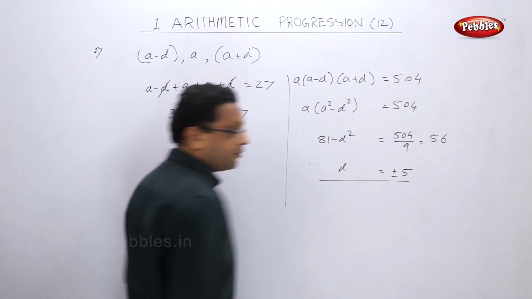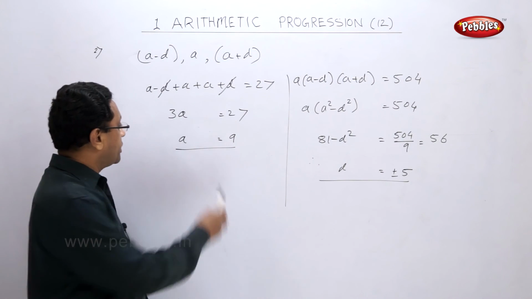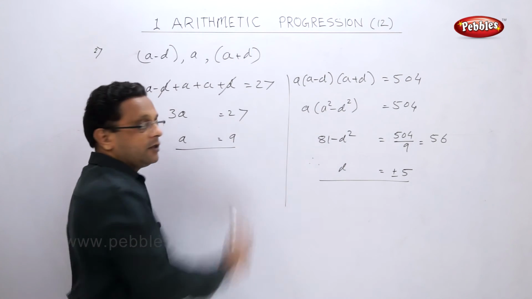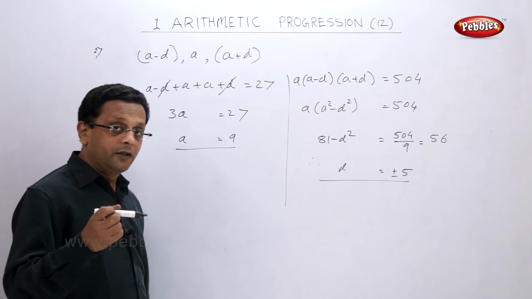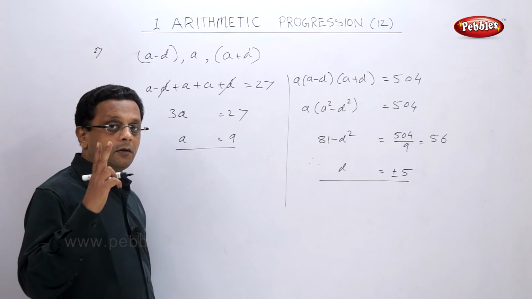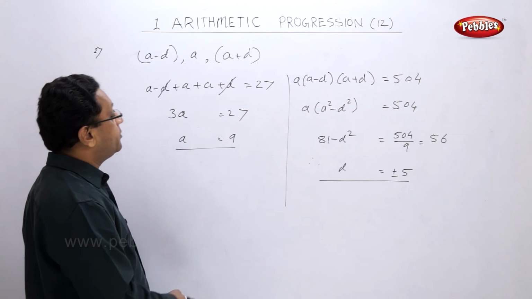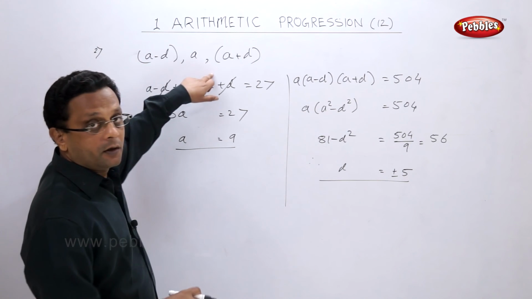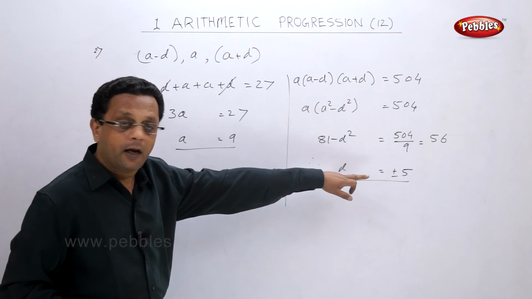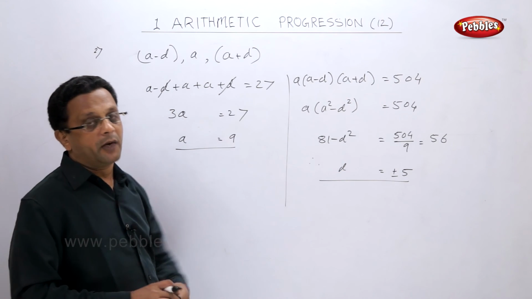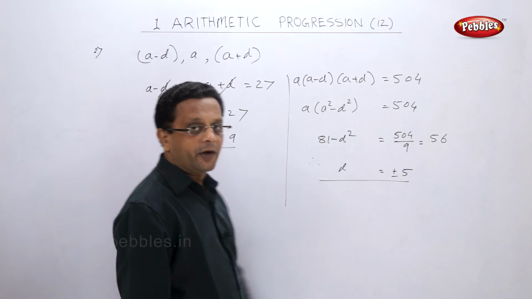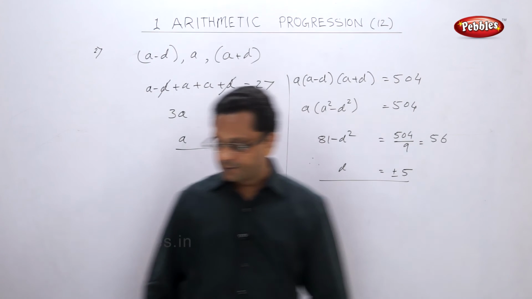So now we have got the difference also. Now just substitute a and d in these three and you will get the three numbers. But again, now you will get two answers. One with d equal to plus 5 and one with d equal to minus 5. So substitute and find out the two sets of answers.